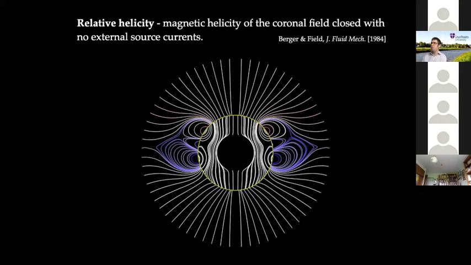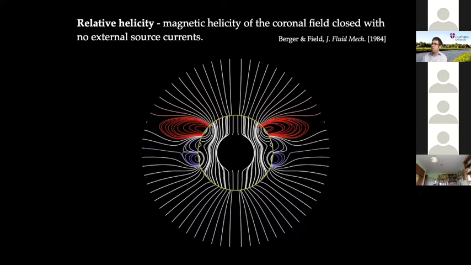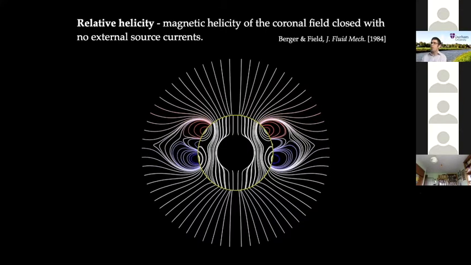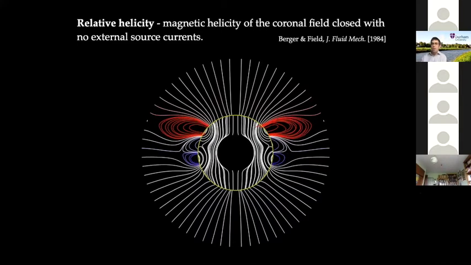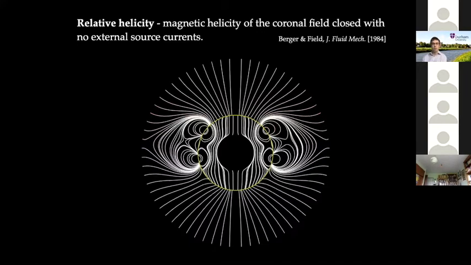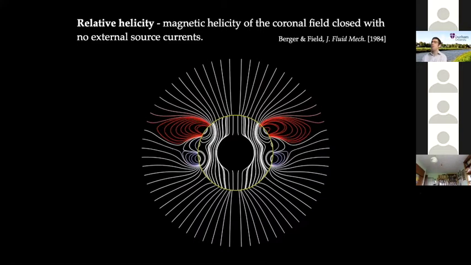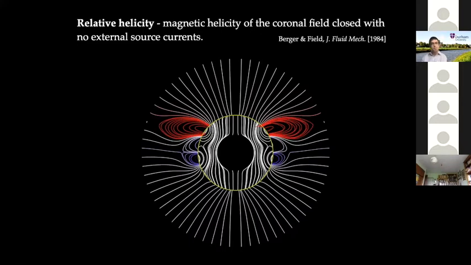And so you see in this movie, what I've done is generate a non-potential field in the corona, but I've computed a potential field in the inside of the sun so that I can complete the field. And the idea of choosing a potential extension is that that minimizes the extra linking that you're going to get. And once you do this, you have a well-defined quantity called the relative helicity.